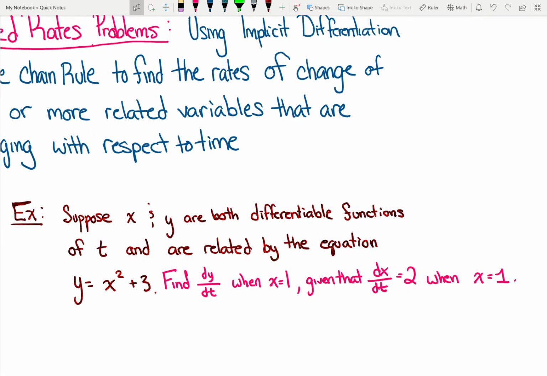Alrighty, so suppose x and y are both differentiable functions of t and are related by the equation y equals x squared plus 3. Our goal here is to find dy/dt when x equals 1, given that dx/dt equals 2 when x equals 1.